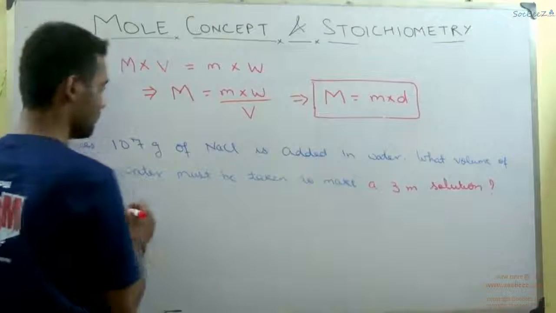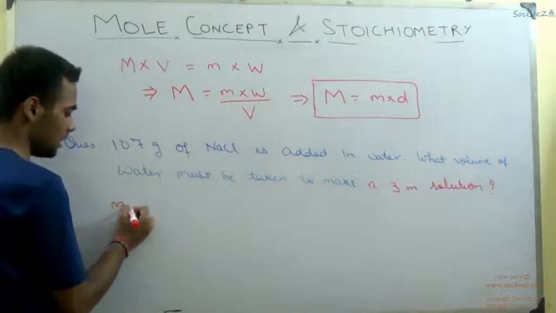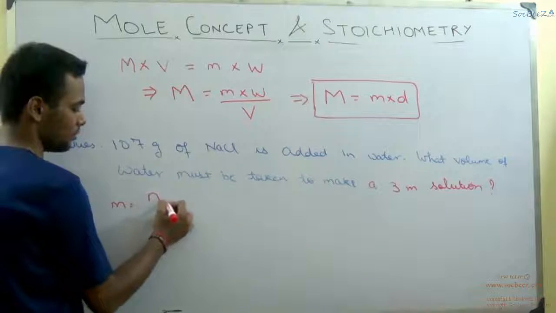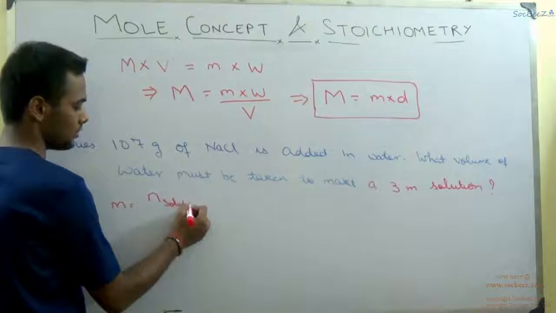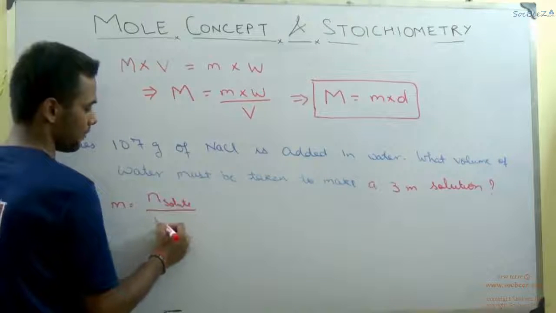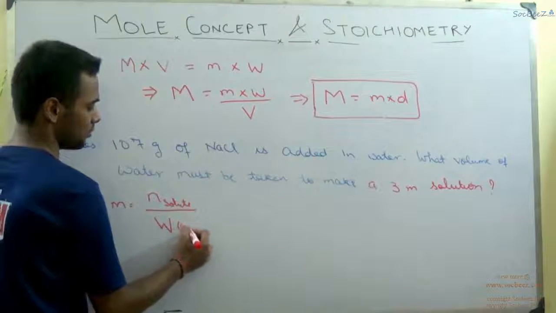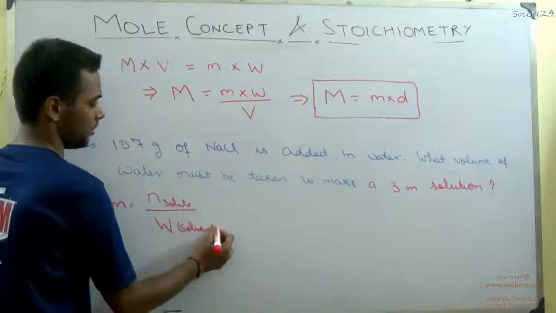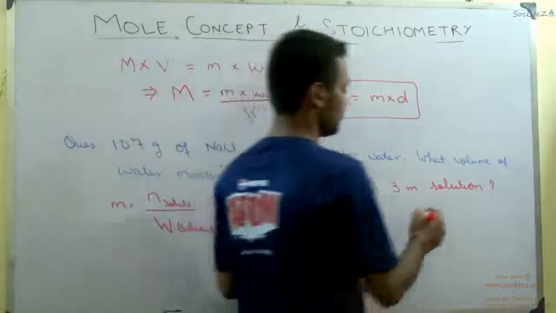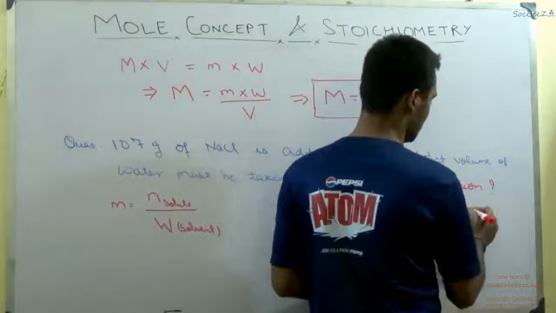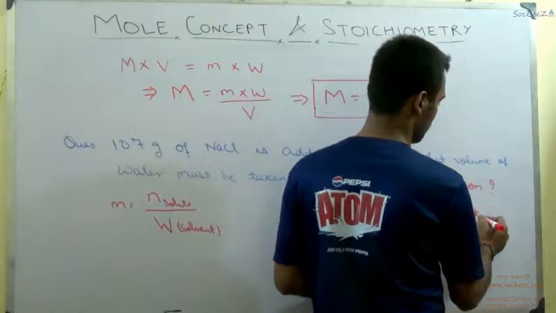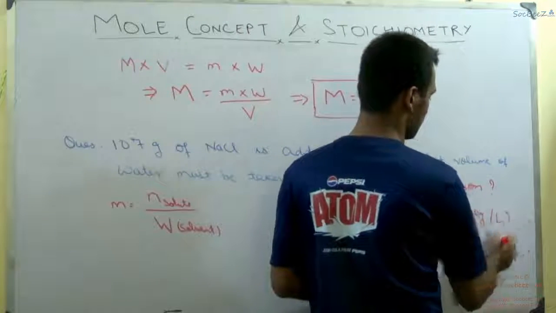Okay. So here you know that molality equals number of moles of solute divided by weight of solution in kilogram. Now here the density of water is given to be 1 kilogram per liter.